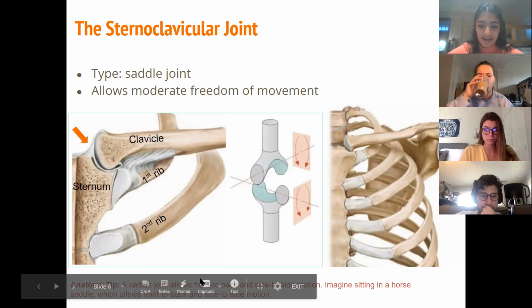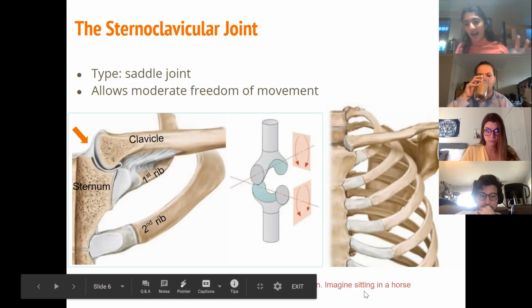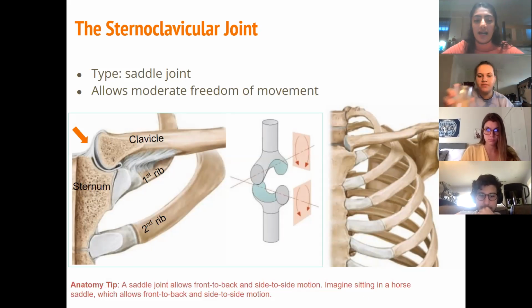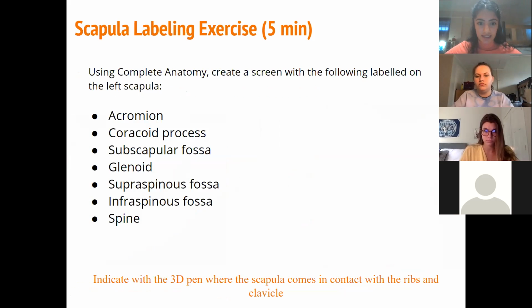And you can see this little anatomy tip that it's described that way because it's like sitting on a horse. You can move front to back, or your legs can move like this. So the sternoclavicular joint actually does move back and front as well, Caitlin. We'll talk a little bit about that movement in a second. So there's 4 different types of movements. Right now on your template, you should have sternoclavicular and saddle joint. We'll get to the motions in a second.